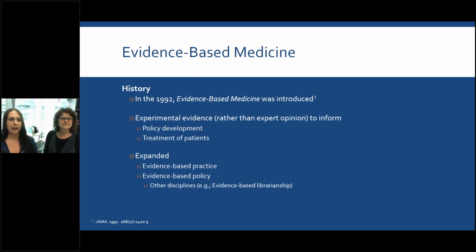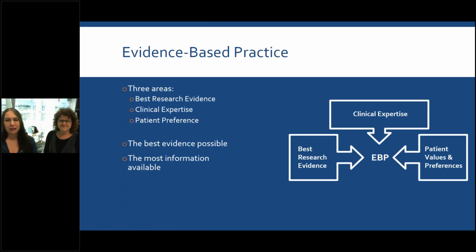This expanded into evidence-based practice, evidence-based policy, and even other disciplines. So from evidence-based medicine to, for example, evidence-based librarianship, which we strive to practice. Evidence-based practice has 3 areas that it brings into it. So it's looking at the best research evidence available, the clinical expertise, and patient preference.